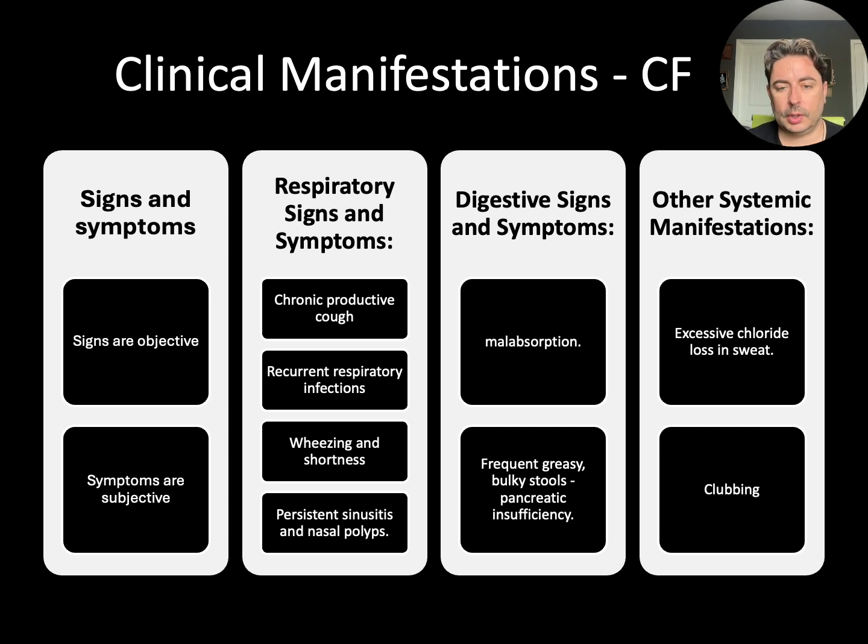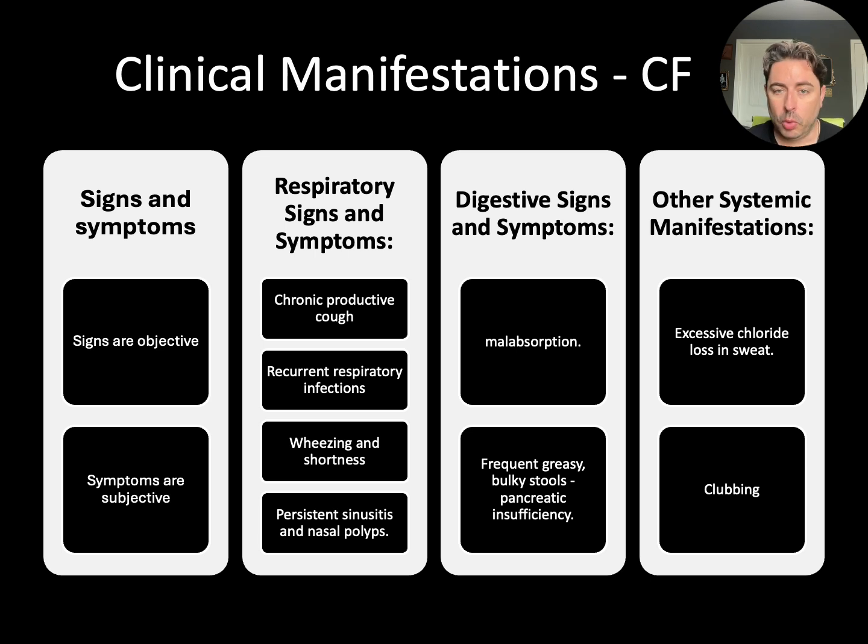Other organ systems or body systems that are impacted would be the digestive system. These patients struggle absorbing their caloric intake, their nutrients that they consume. They struggle breaking those down, and they struggle gaining weight.